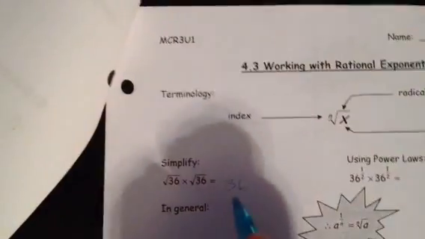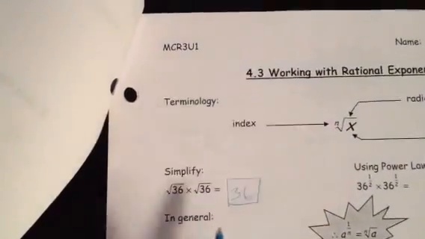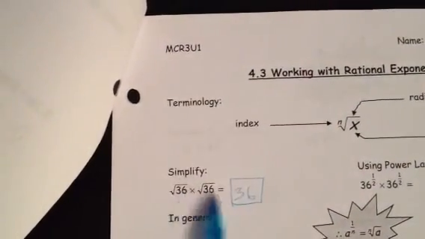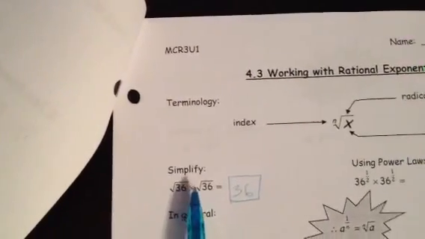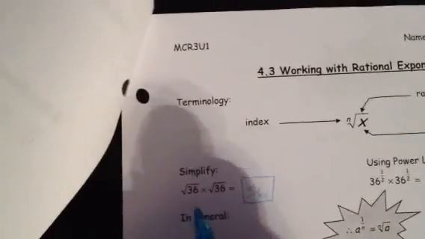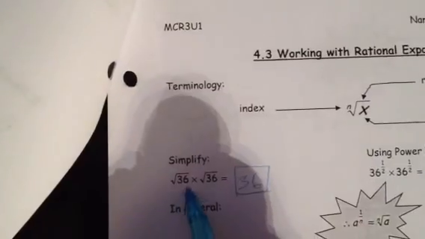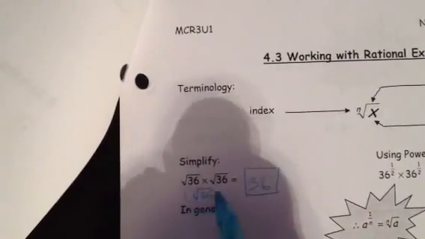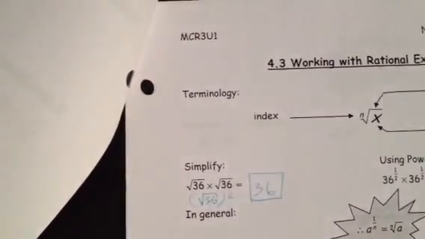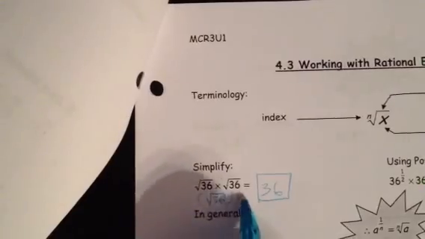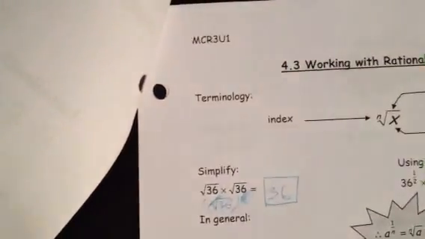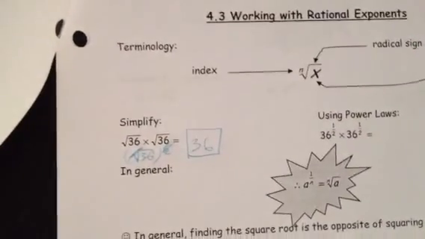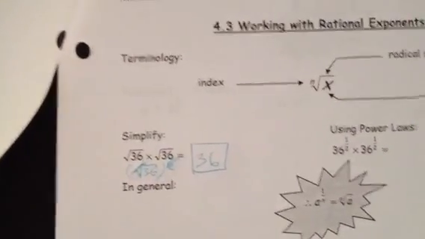The answer is 36. And we should also know that whenever you multiply two roots that are the exact same, that just gets rid of the square root, because in reality this is like taking root 36 and squaring it, right? That times itself, and the square and the root will cancel each other out. So the square root of 36 times the square root of 36 is just 36.